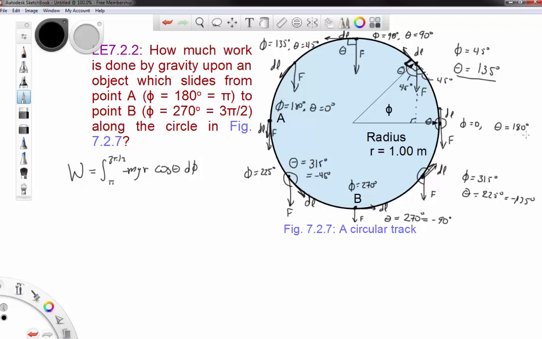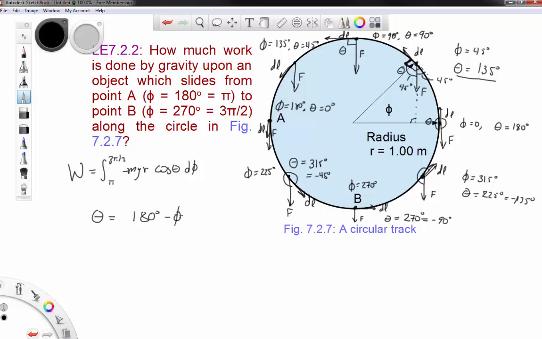So 180 degrees minus 0 is 180. 180 degrees minus 45 is 135. 180 minus 90 is 90. 180 minus 135 is 45. 180 minus 180 is 0. 180 minus 225 is negative 45, hence this 315 degree angle, and so on. So the pattern that we've established here is that theta is equal to 180 degrees minus phi.